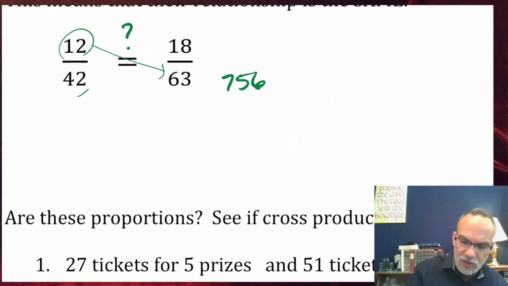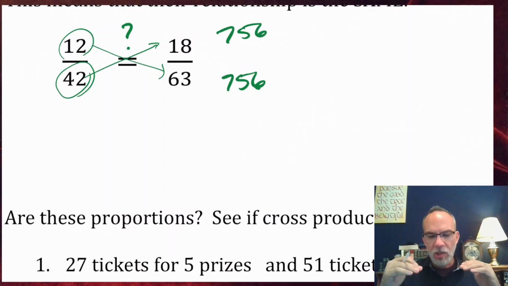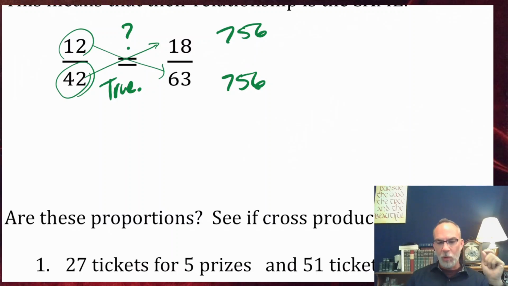But now if I take the denominator over here and I multiply across the proportion, 42 times 18, oh look, I also get 756. So when the cross products are equal, then this is a true statement. It is true that 12/42 has the same relationship as 18/63.